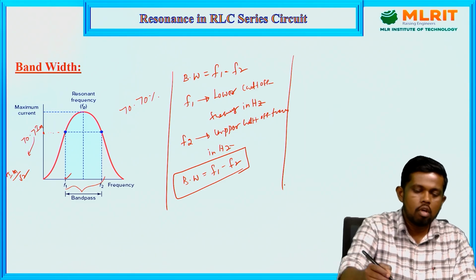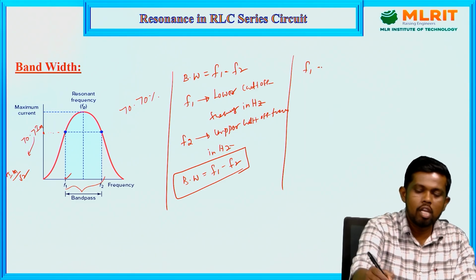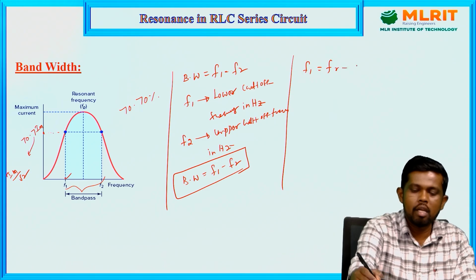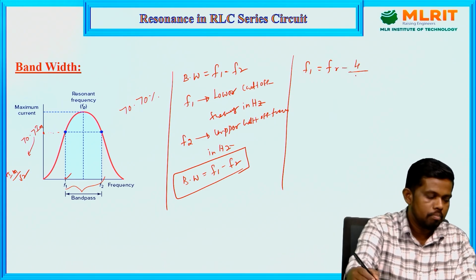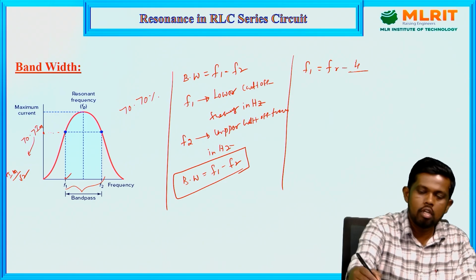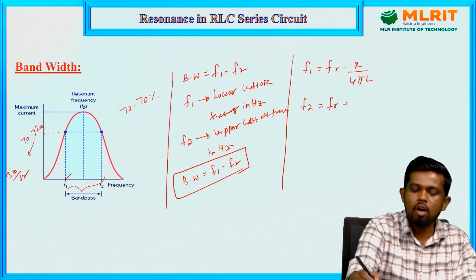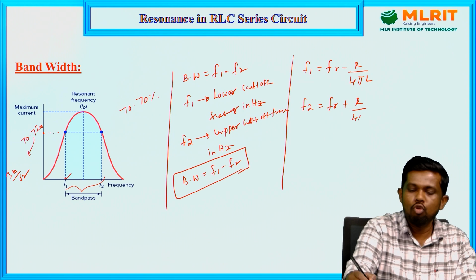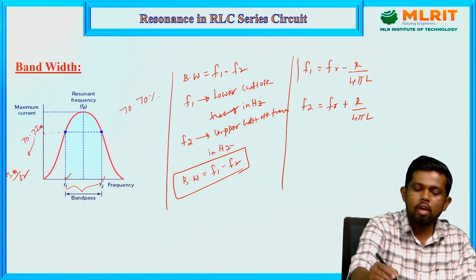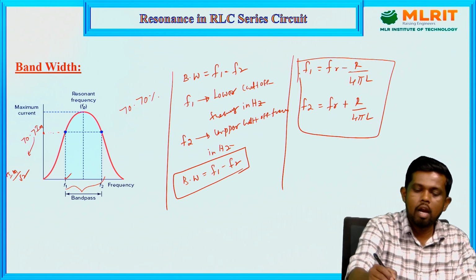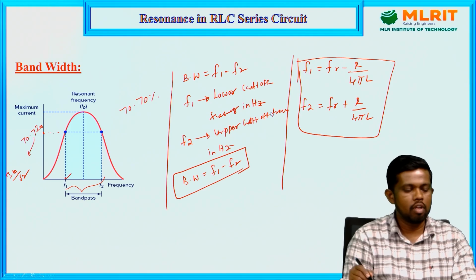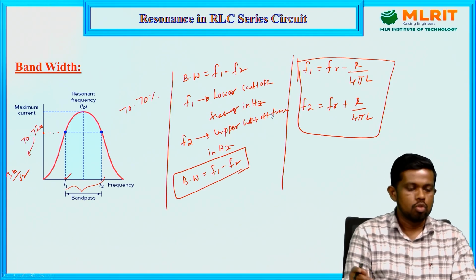Based on this, we need to find the F1 value. F1 equals FR minus R upon 4 pi L. Then F2 equals FR plus R upon 4 pi L. This is the way to find the frequencies F1 and F2.